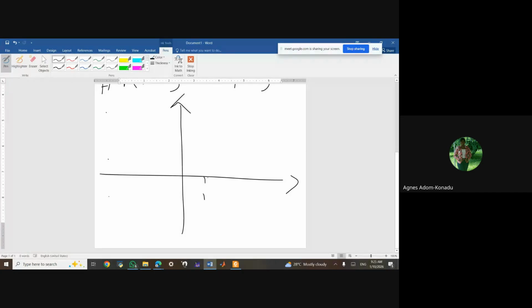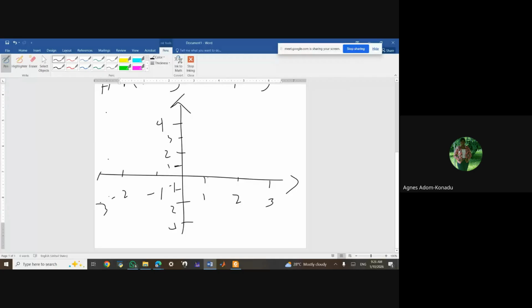You have 1, 2, 3, -1, -2, -3, and then maybe 2, 4 on the other axis.